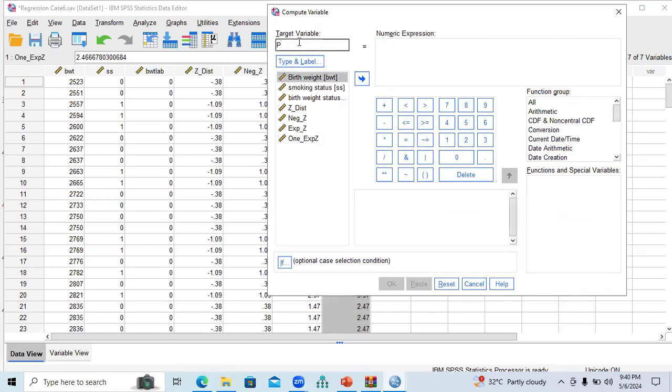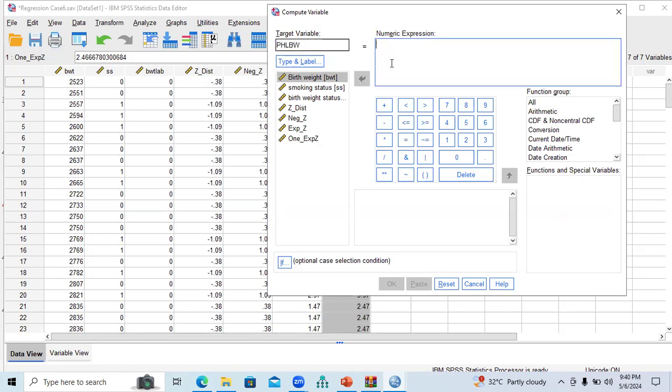So probability of having low birth weight. So let it be probability of having low birth weight. It means what are the chances that the birth weight of the infant will decrease? So it is the probability of having low birth weight.